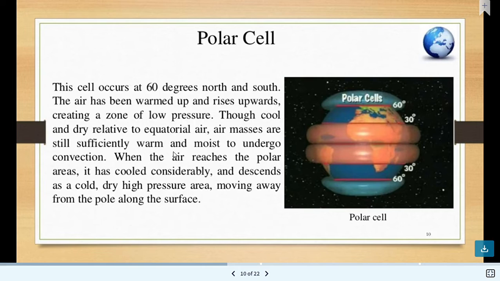When the air reaches the polar areas, it has cooled considerably and descends as a cold, dry, high pressure area, moving away from the pole along the surface. This is the example of polar cells, at 60 degrees north and south.